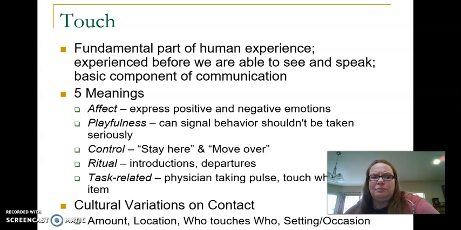We're not talking about brothers and sisters or husbands and wives, but a business type setting. If you're a male, you may not extend your hand to shake females' hands. You probably wouldn't have hugging quite the same. So in these situations, it can be difficult to decide what to do.